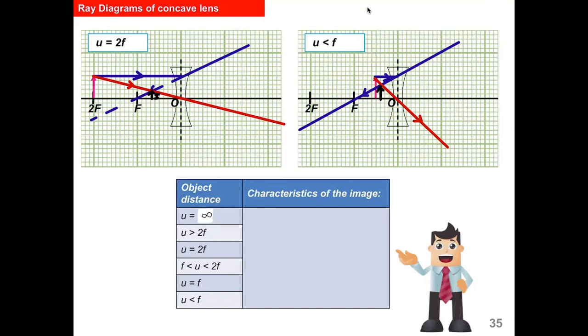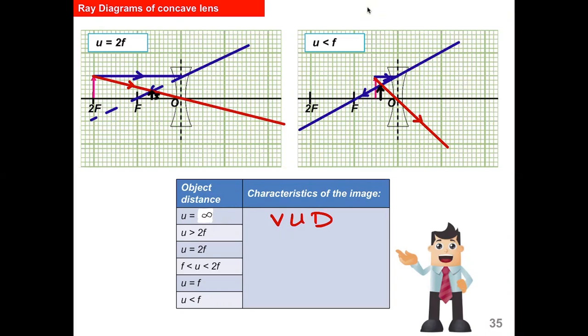No matter where the position of the object is for a concave lens, it will always produce the same characteristics of image, which is VUD: virtual, upright, and diminished. That is for the concave lens.